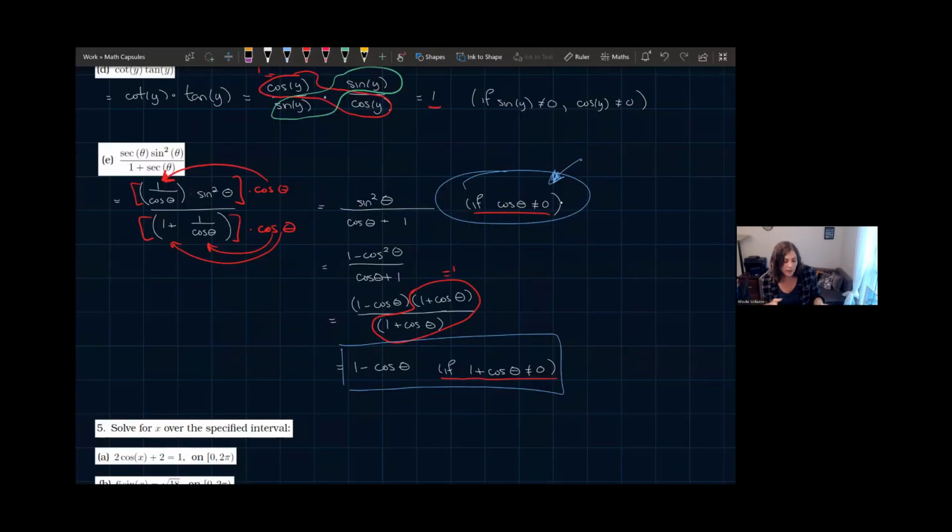So maybe what I should actually say is that my original expression from E is the same as 1 minus cos theta, unless 1 plus cos theta is equal to 0, or unless cos theta is equal to 0. But as long as those two things are not true, then this is equivalent to my original expression.